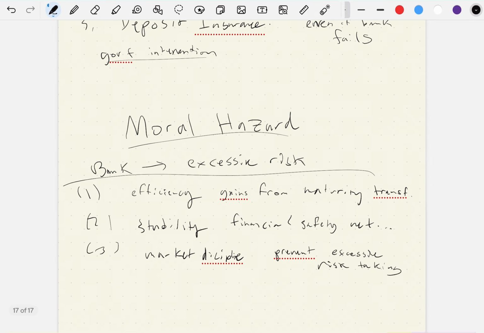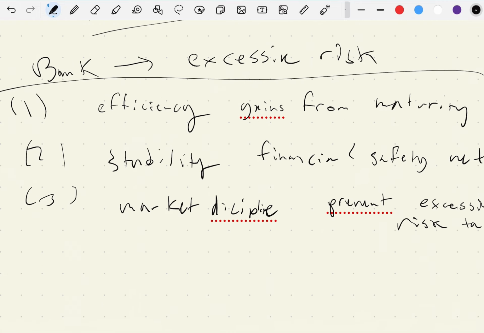It's difficult to achieve all three of these things simultaneously. Much of modern banking regulation, from capital requirements to supervision and resolution authority, is an attempt to manage this very difficult trade-off.